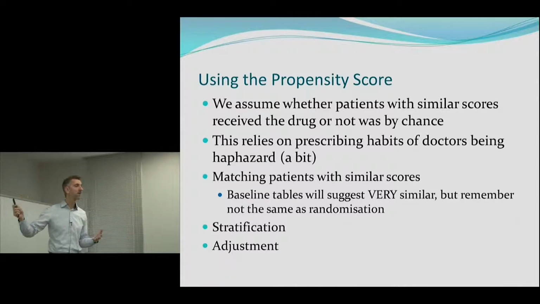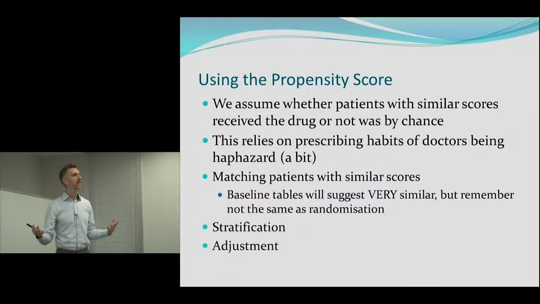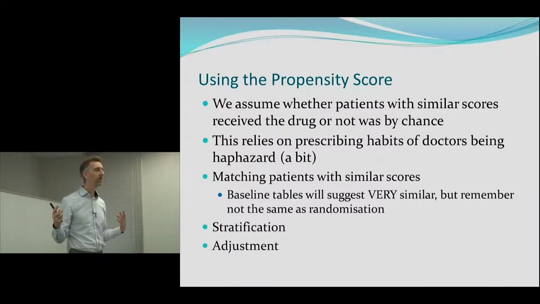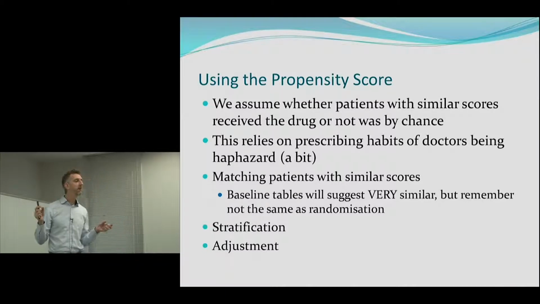It means that as investigators, we can make use of this variation. There are potentially three major things we can do. We could match patients who've got very similar scores to each other. For every statin user, I could match them with a non-statin user with a very similar score. What happens if I can do that?